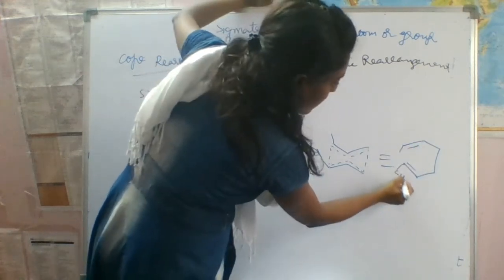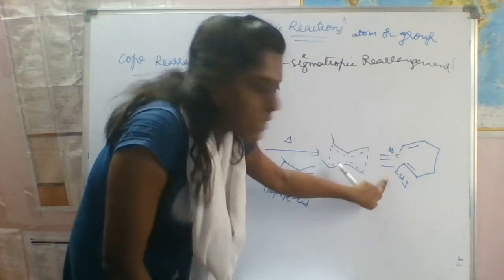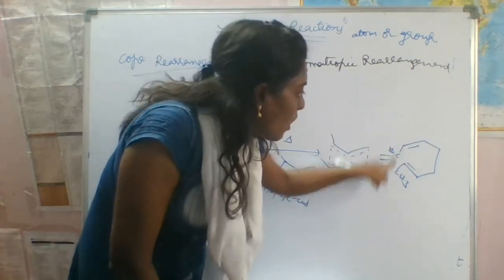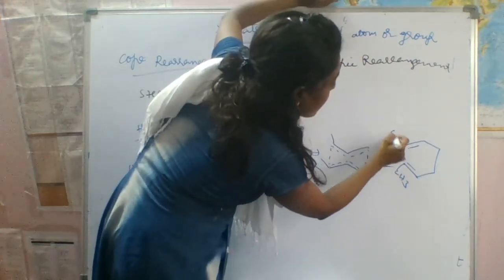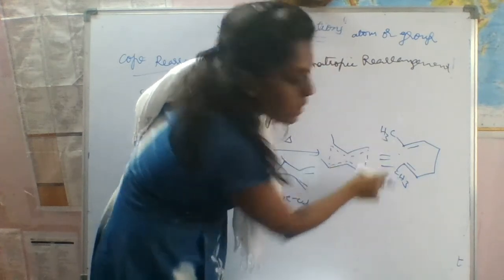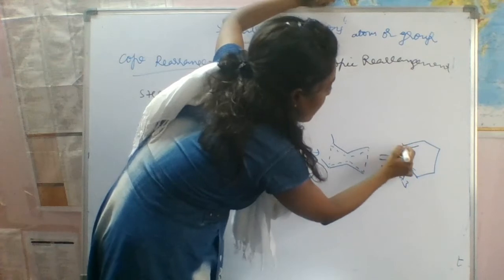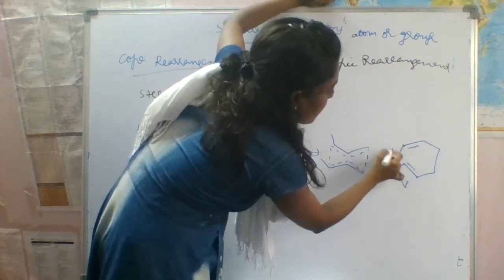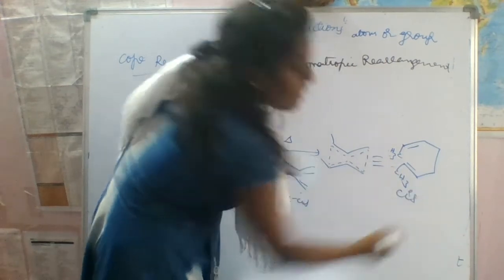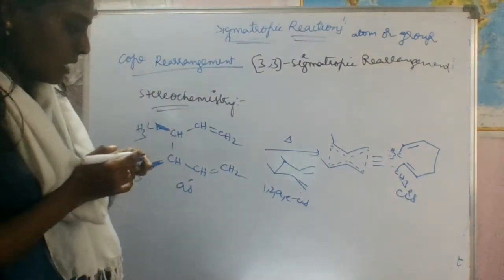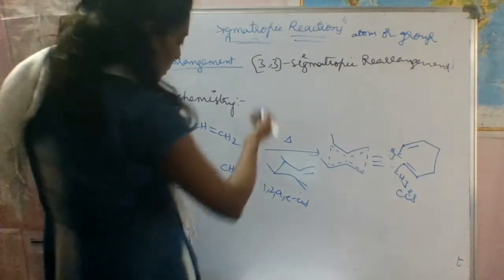Here CH3 is there, and the CH3 groups are in the same plane, so these two are present downwards. If they are opposite, it is said to be trans, right? But here, what is this one? It will come here, CH3, and this is again cis configuration. So let's see another one. Just I want to write here.